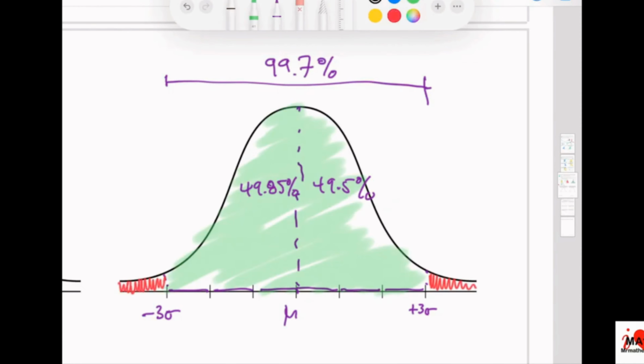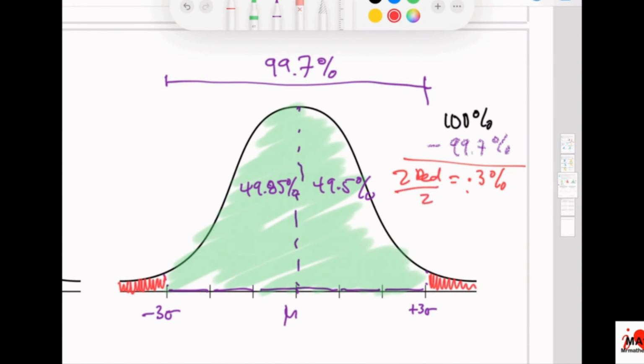And we talked about how the area under the curve is 100%. If I subtract 99.7, that means the two tails together equals 0.3%. So 2 reds equals 0.3%. If you divide it by 2, you'll get one of these reds equals 0.15.